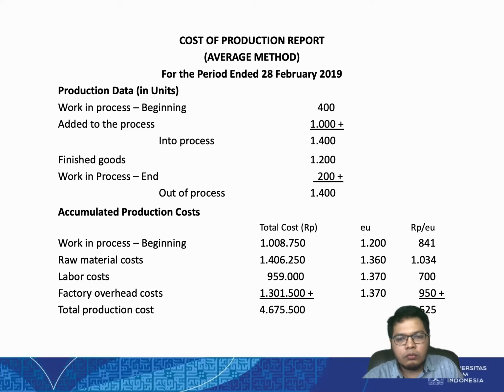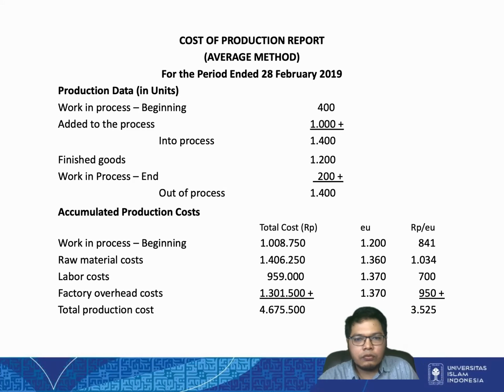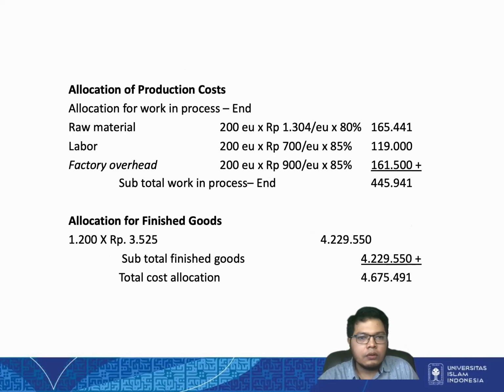Okay, then we can get the cost per equivalent unit and the total cost of equivalent unit. Using that, we can calculate the cost allocation for production cost.